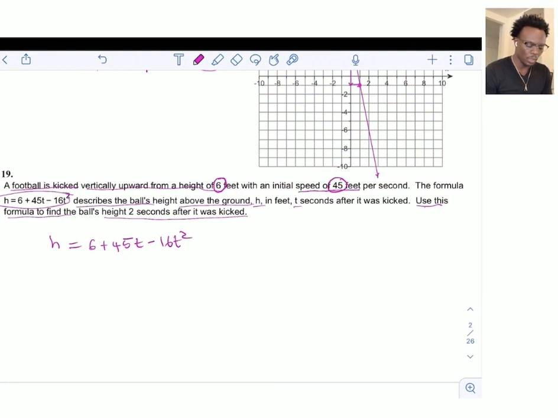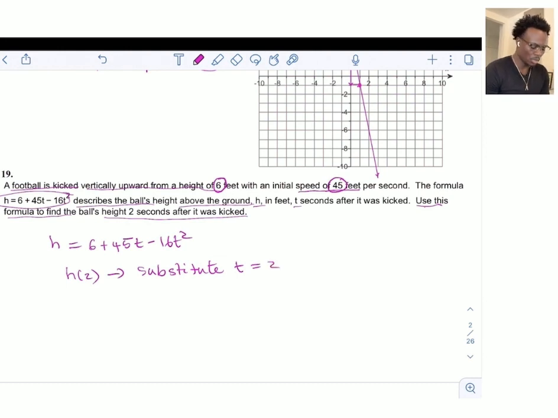Since h is a function of the time t, they want me to find h of 2, the height of the ball after 2 seconds. All we need to do is substitute t equals 2 into this formula.